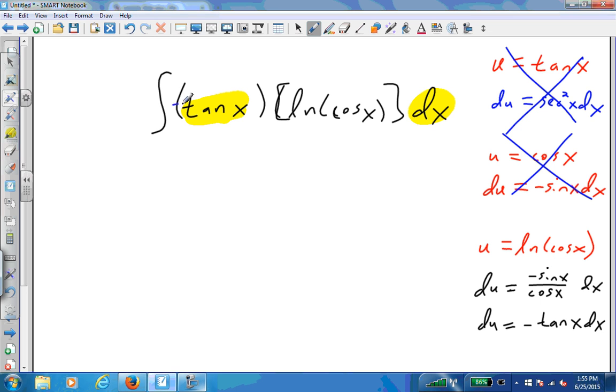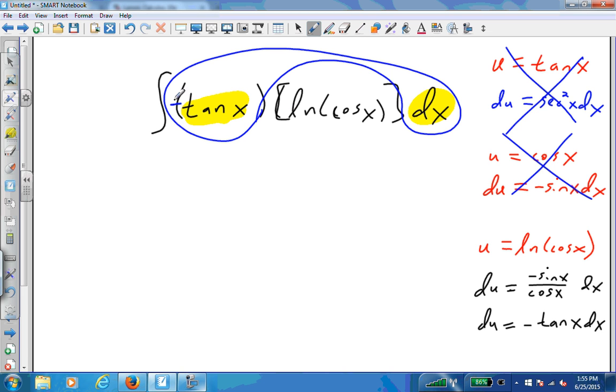So tangent x dx, if we had a negative with that, then all of that would be du. If I multiply the inside by negative, I need to multiply the outside by negative. So that tangent x dx, I'm going to call that du, and natural log of cosine x, that was u.